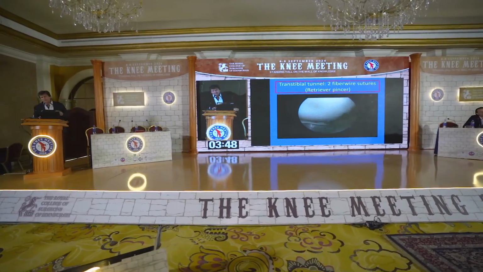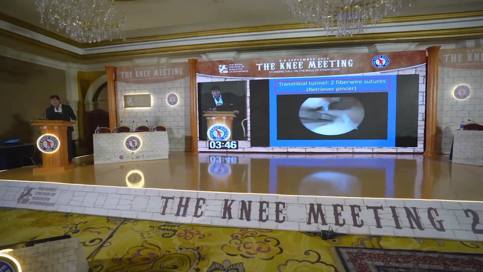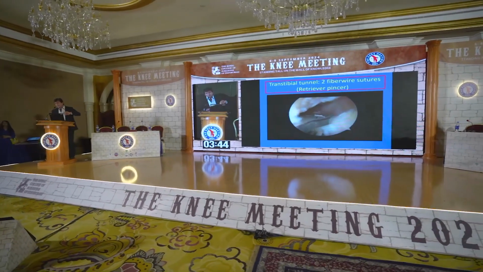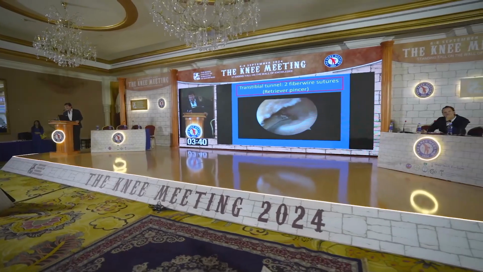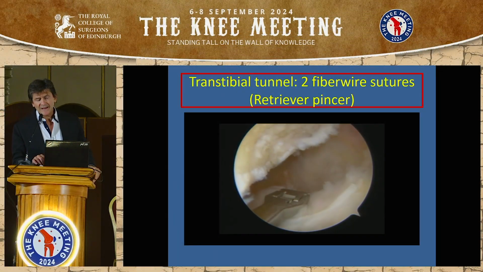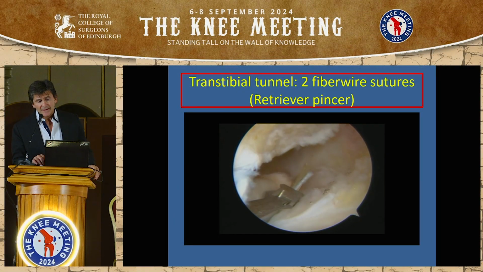If you have a problem with the condyle, you can make a notchplasty with the burr. You can open the space a little bit with the burr, no problem. It even helps the healing of the root.